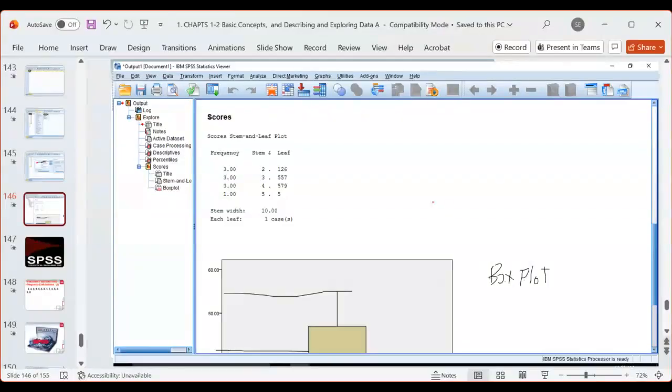Like I said, this is how you read them. You're not going to do this manually or anything. Put the number there, click on stem and leaf, and it will do it.